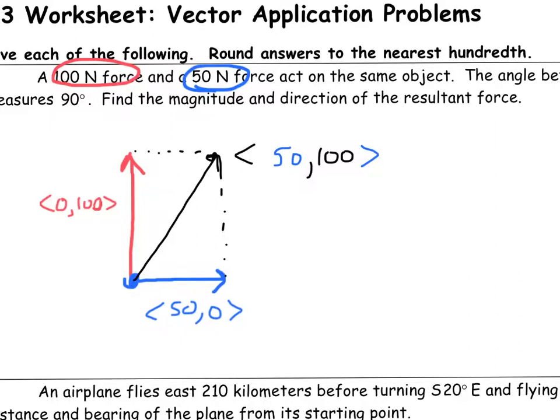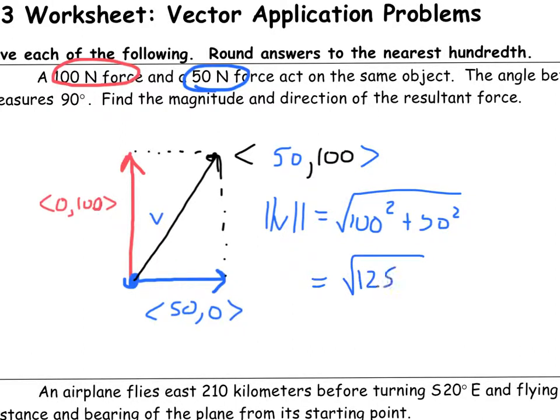Now its magnitude is going to be, if I call this one V, then the magnitude of V is going to be 100 squared plus 50 squared, and we square root that. So we end up with the square root of 12,500, and square root that. All right, 111.8-ish is my magnitude.